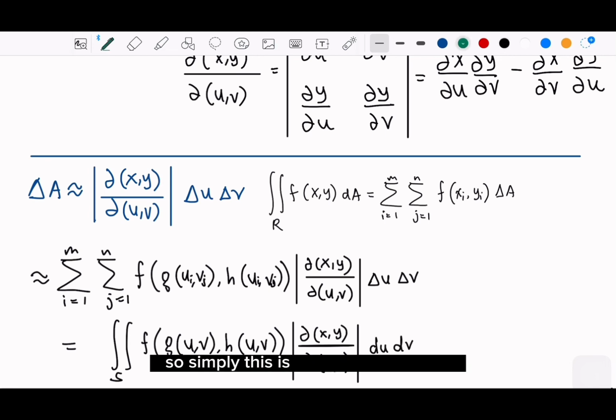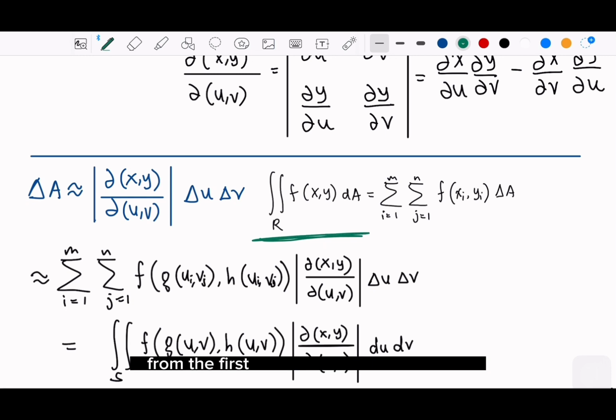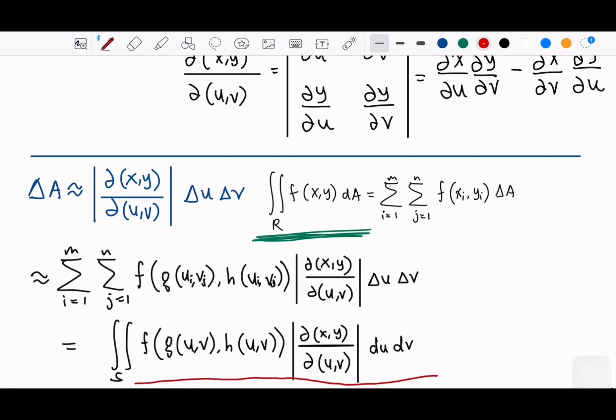So simply this is changing from the first one into this Jacobian double integral.